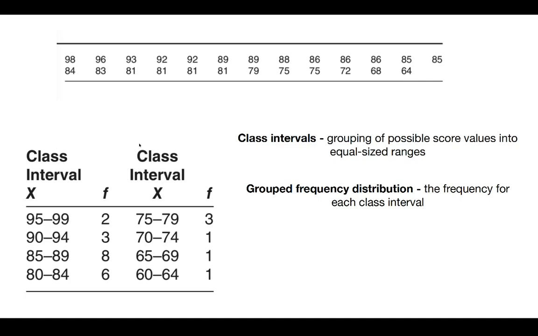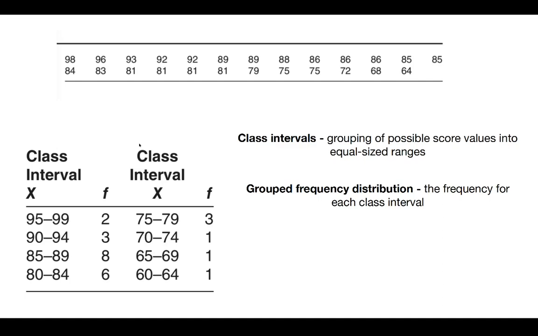So from the dataset that you are seeing on the upper table, we are now grouping these possible scores into class intervals, and you may refer to these class intervals on the lower left table.